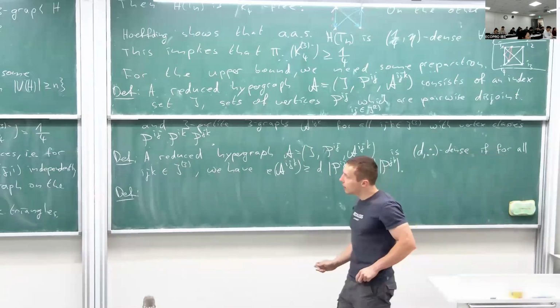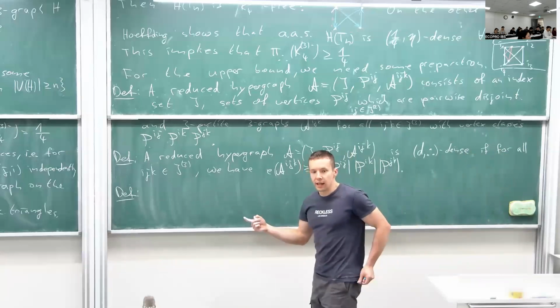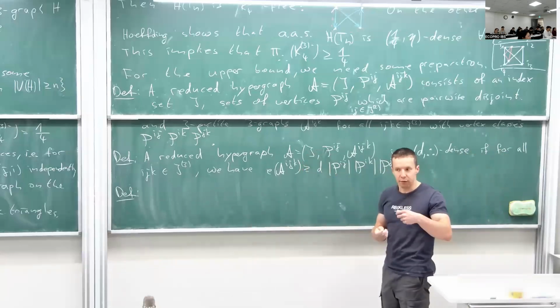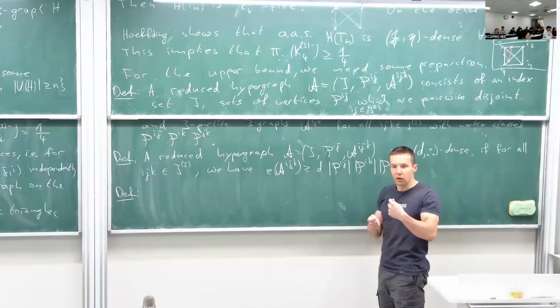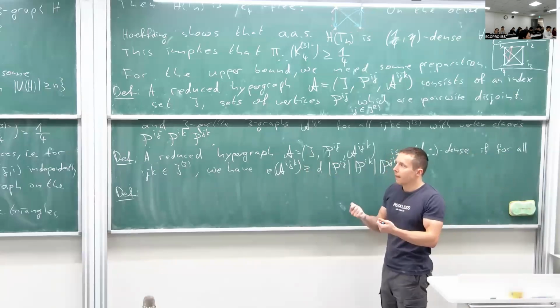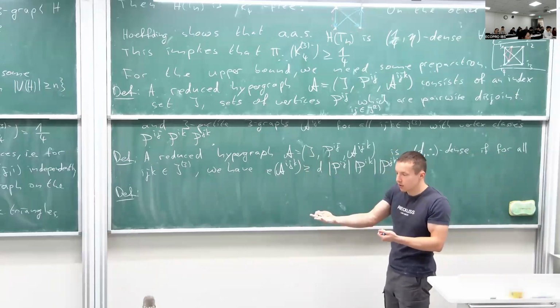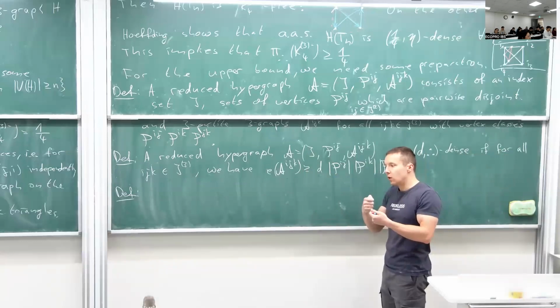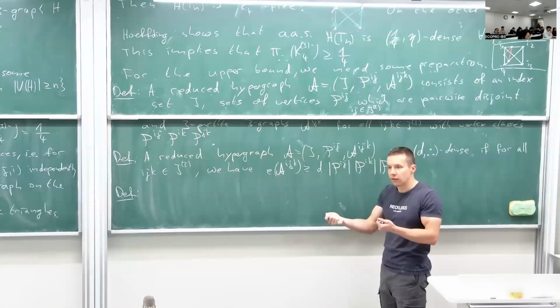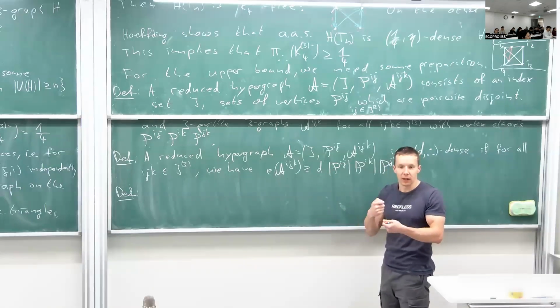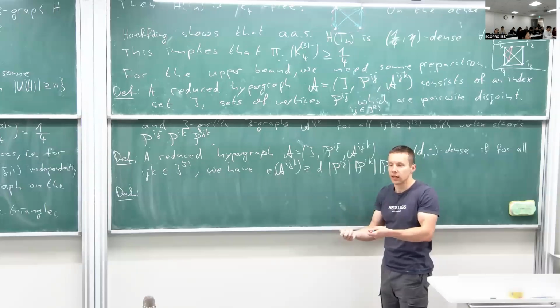Now we need to define, similarly as for graph regularity, when you look at the reduced graph, you want to say, which pattern in the reduced graph actually lets me embed whatever I want to embed using regularity, right?